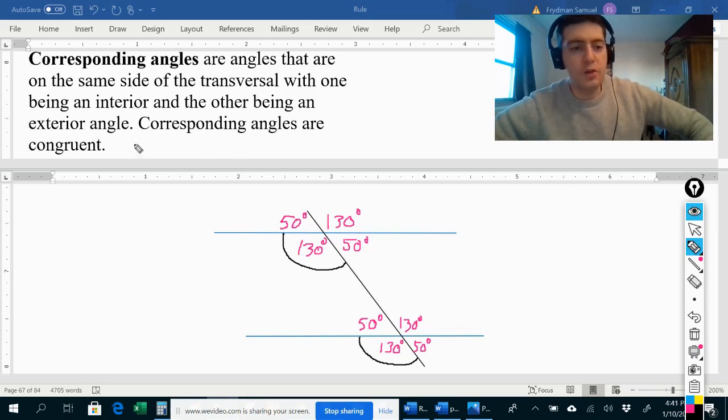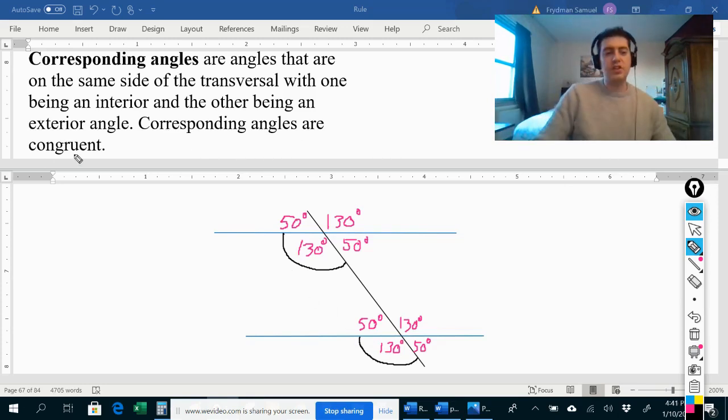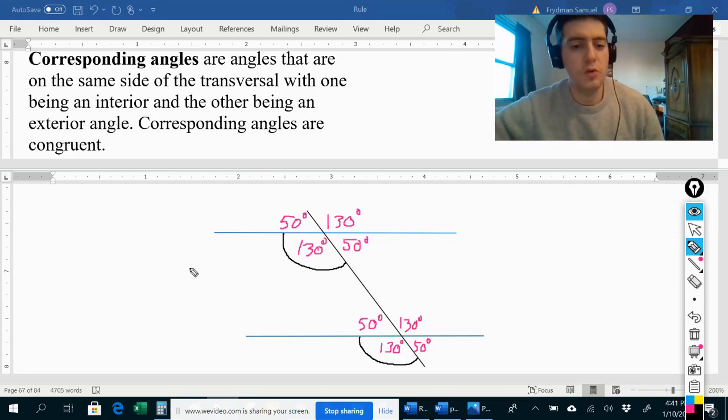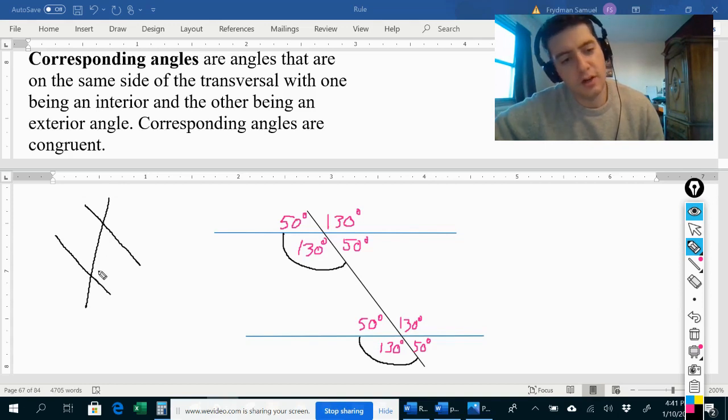And corresponding angles are congruent. Remember, the definition of congruent is just that they're equal. So corresponding angles are equal to each other, as we can see from this diagram. They're both 130 degrees. Okay, so if I were to just give you some other parallel lines like this, and I told you that, let's say, this angle over here was, say, 121 degrees.